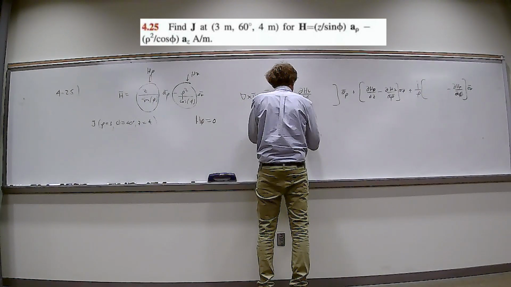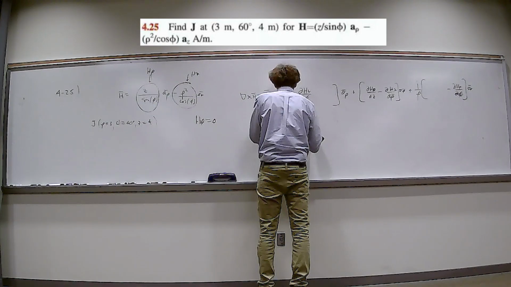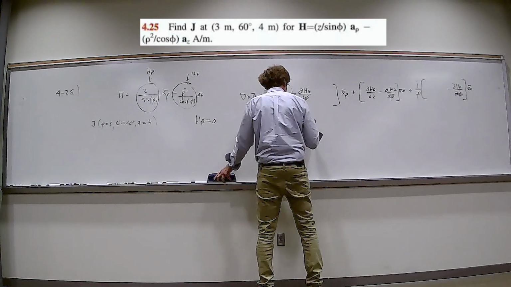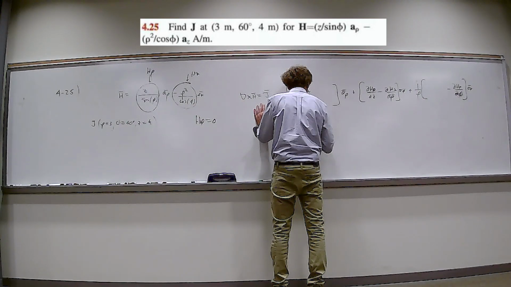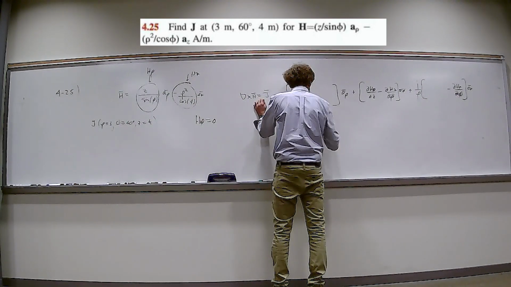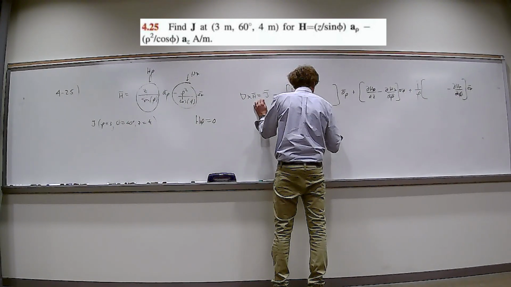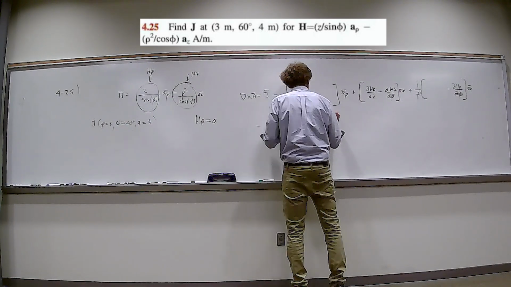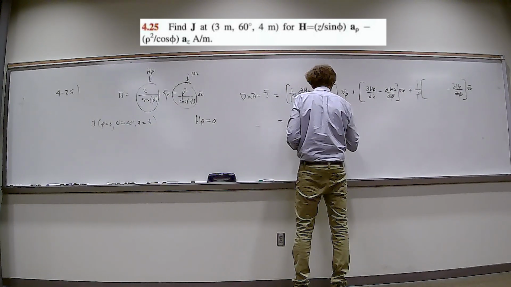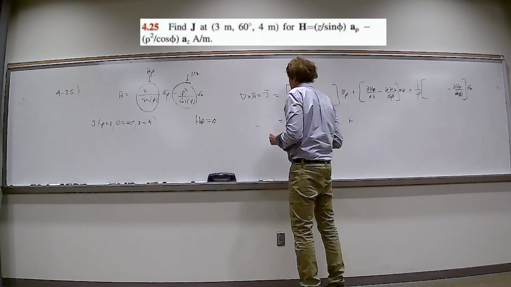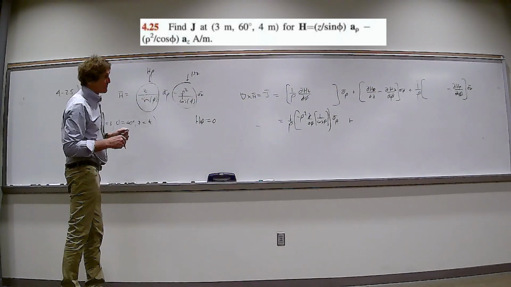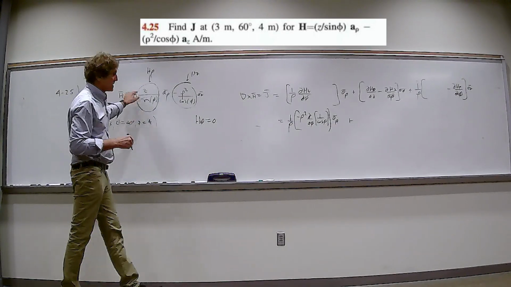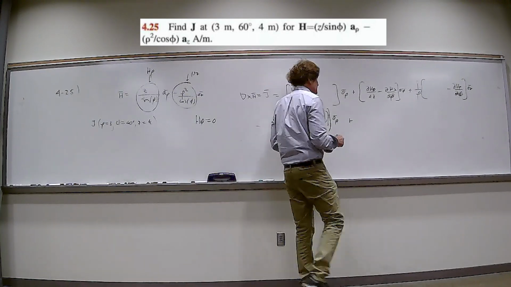So we have minus rho squared, and then we have the derivative with respect to phi of 1 over cosine of phi here, and it's a rho. Plus, when we look at this, they have a derivative of h rho with respect to z right there.